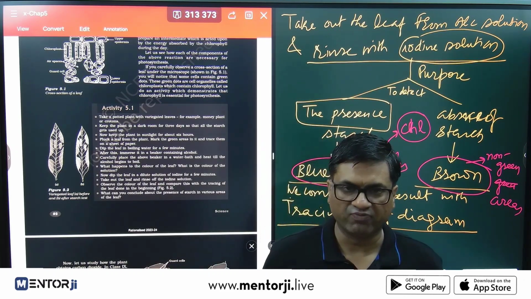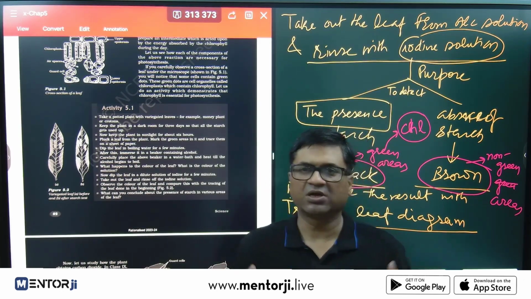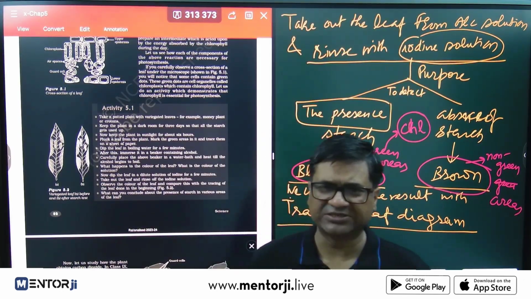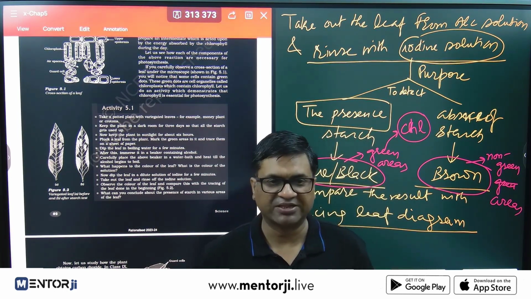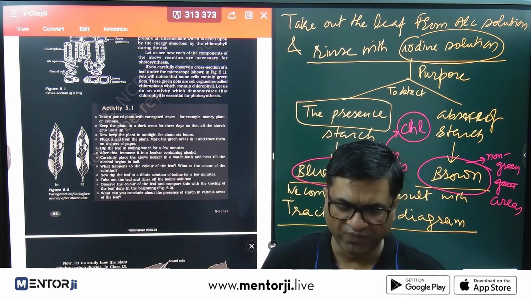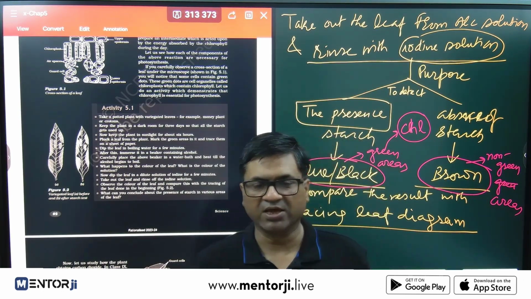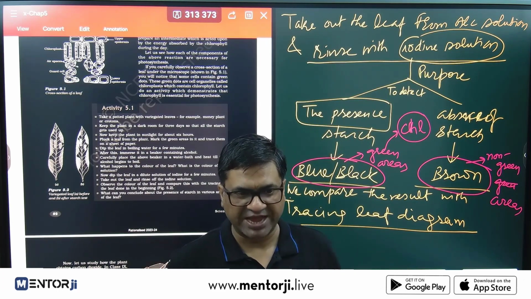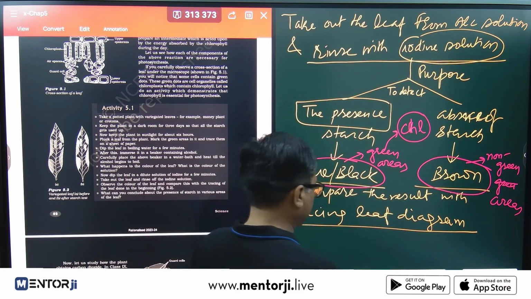But in the non-green areas, there is no chlorophyll, hence brown color appears after putting iodine solution, and that confirms chlorophyll is necessary for photosynthesis. I think you have understood this activity very well. Let's move to the next section.